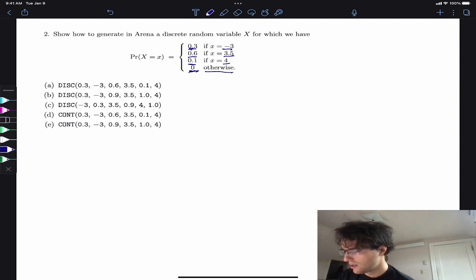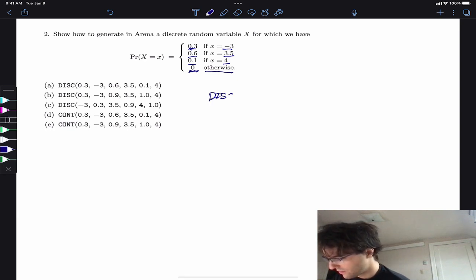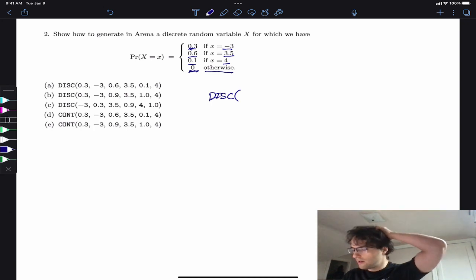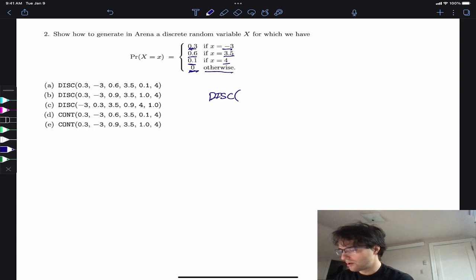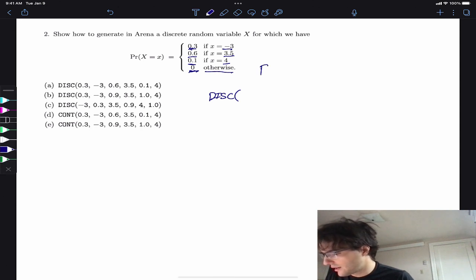For these discrete random variables, you basically put them in CDF form, in pairs of a cumulative probability and then the x value.